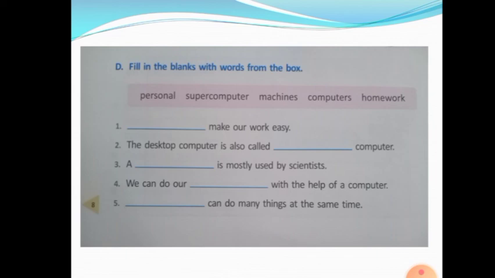The first one, dash make our work easy. Machines. Very good. Machines make our work easy. The second one is, the desktop computer is also called a personal computer. Good. Then the third one, a dash is mostly used by scientists.